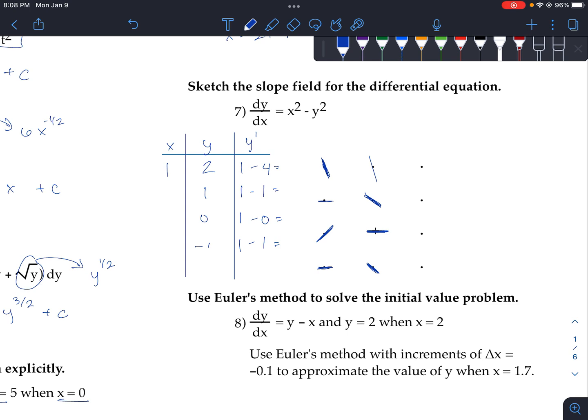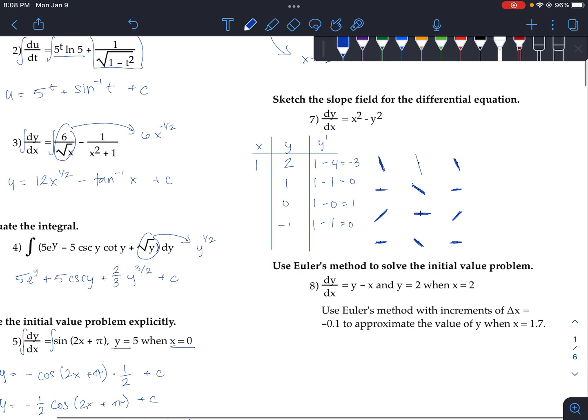So this is going to result in negative 3, 0, 1, and then 0, which is just the same as we had over here. So maybe just like a steepness of negative 3, 0, 1, and 0. And there we go. So there is our slope field.